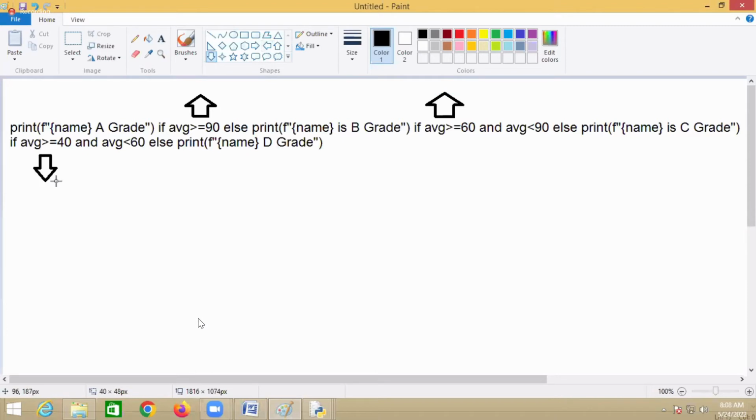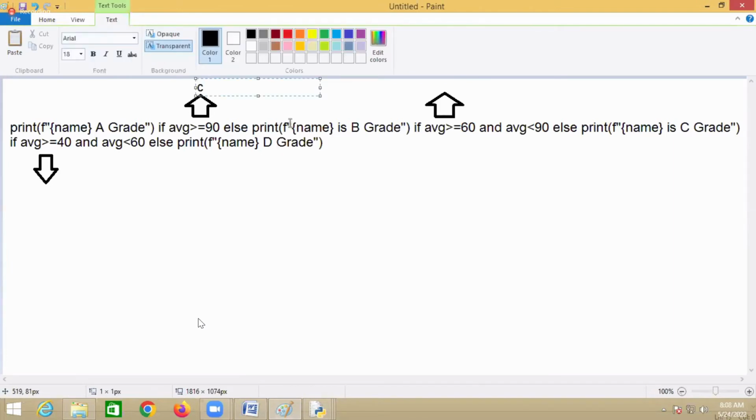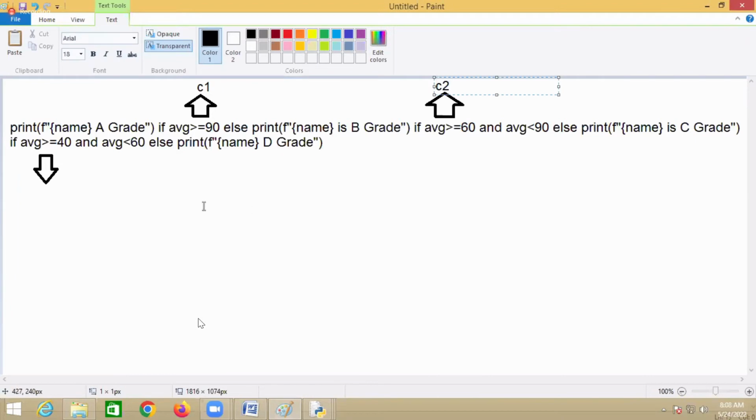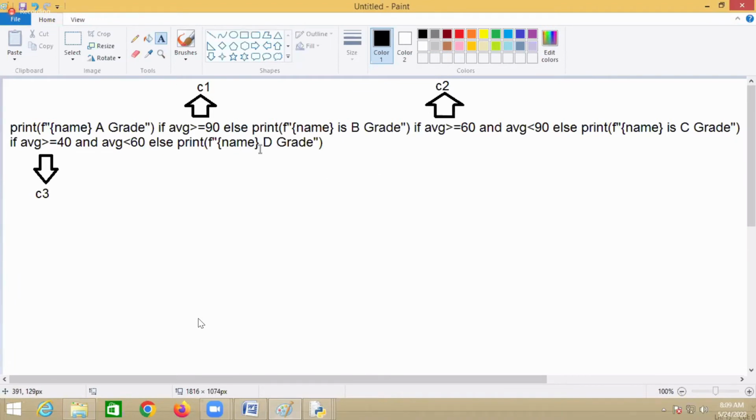So in total, three conditions. Condition one is for A grade, condition two is for B grade, and condition three is for C grade. If all these conditions are false, then it is D grade.